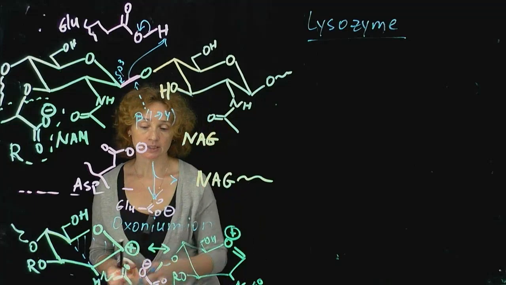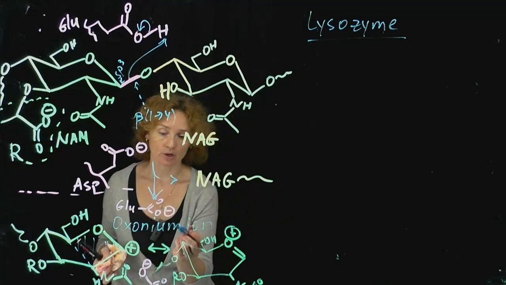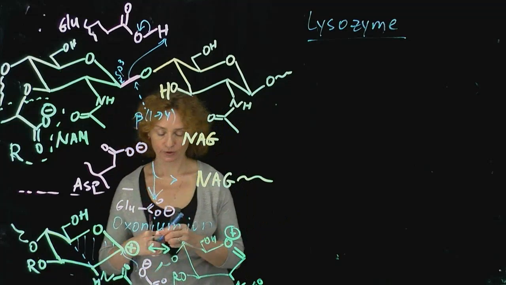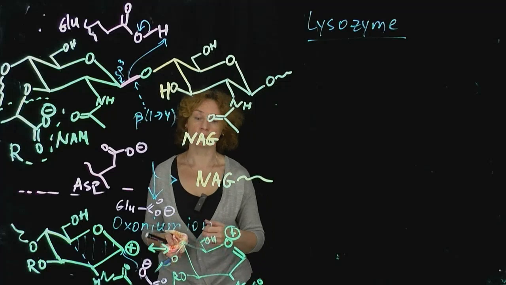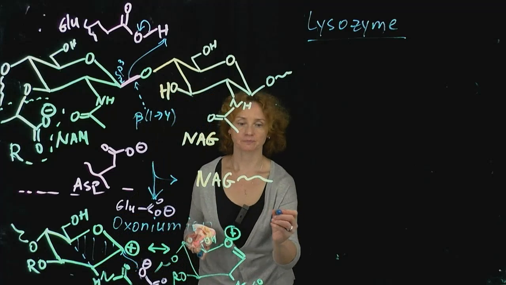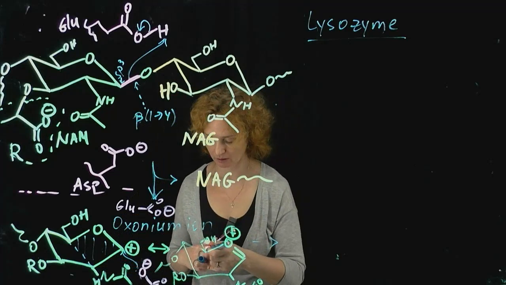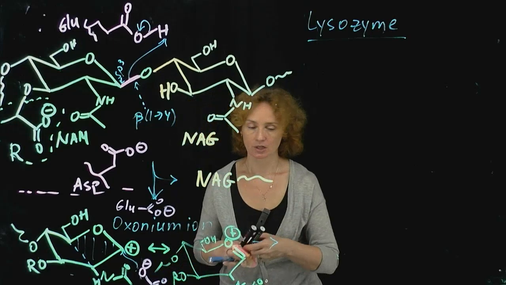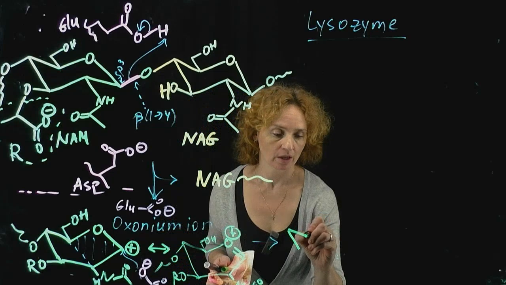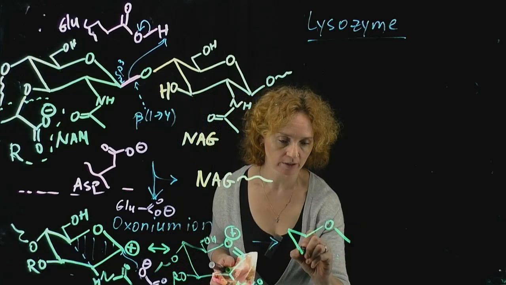So now there will be a next catalytic step, which will involve nucleophilic attack of the negatively charged carboxyl group of aspartic acid at this electrophilic carbon atom. So as a result, we'll need to go back in the chair conformation, right?